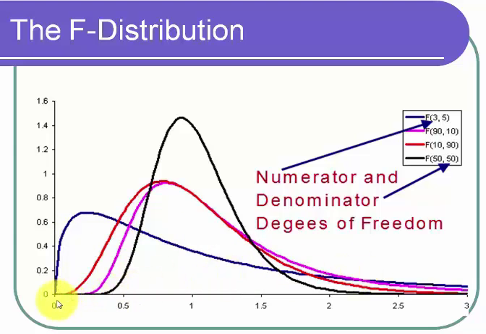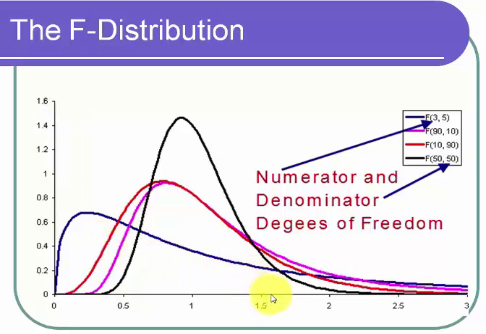So the horizontal axis will be the F axis. We've seen the x-axis, the z-axis, the t-axis, the chi-squared axis. This will be the F axis. The vertical axis is just a number, a mathy thing.